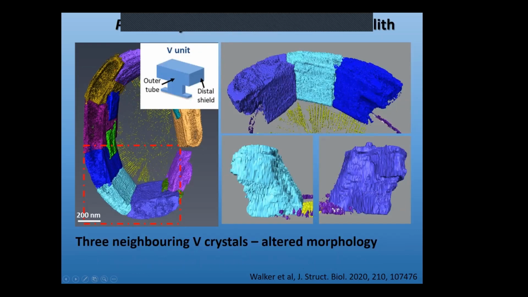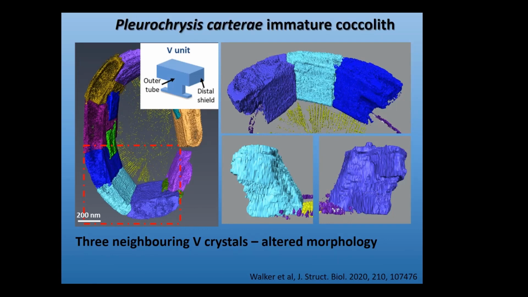So what this is showing, to conclude this part, is that we have a number of crystals that are growing in a crowded environment. The V units are going to grow faster along the c-axis, which means vertically. The R units will grow faster along the a-axis, meaning horizontally. And by growing in different directions at different rates, they can limit the growth of the neighboring crystal along different directions.